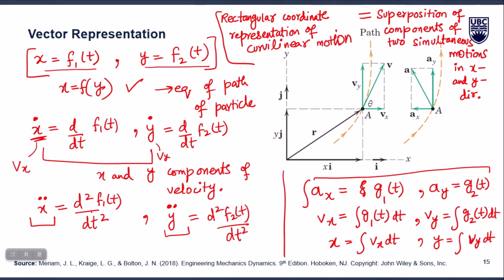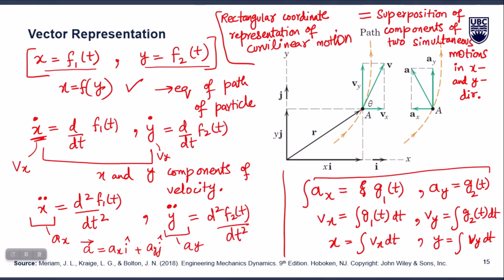So you get x double dot, y double dot, you can put any value of t in their relations to determine the x component of acceleration a sub x and y component of acceleration a sub y, right? And finally you can write a as a sub x times i vector plus a sub y times j vector if you are asked to determine the acceleration vector. If you are asked to determine the magnitude of the acceleration vector, then it will be the square root of a sub x square plus a sub y square.